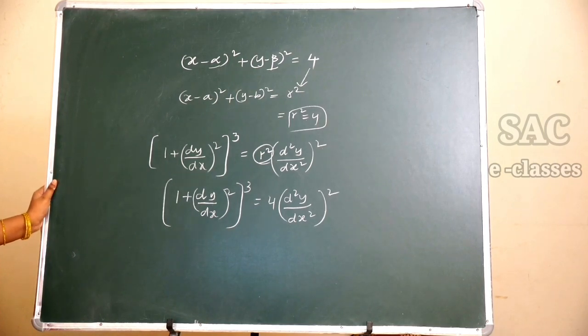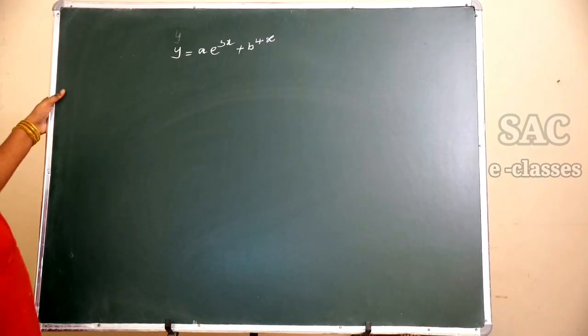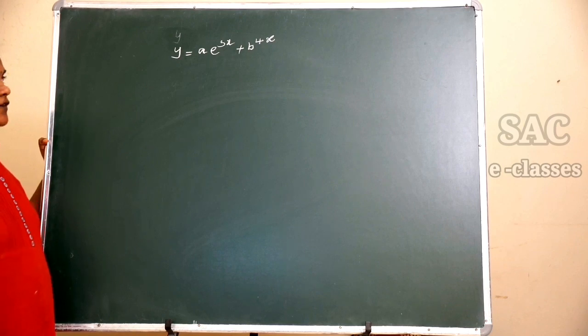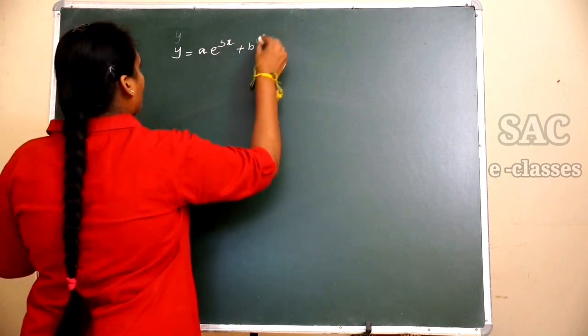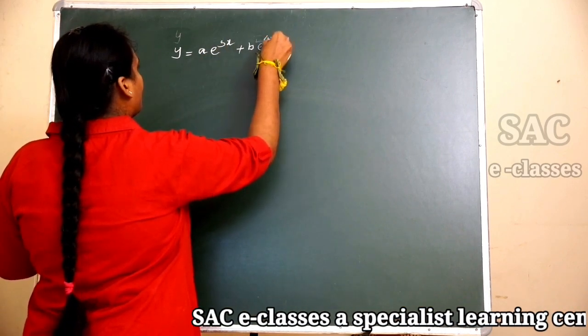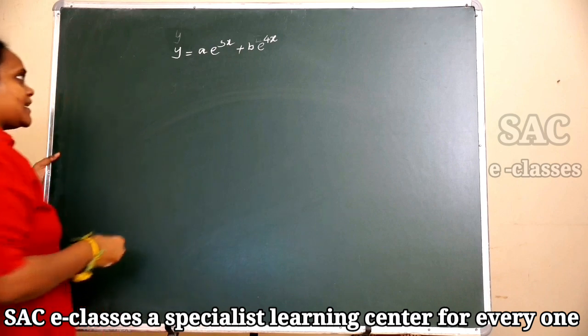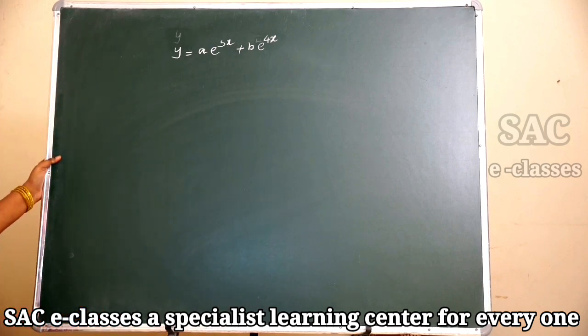Let's move to the next problem. Now they are asking you to find the solution of y equal to a into e power 3x plus b into e power 4x by eliminating the arbitrary constants a and b.